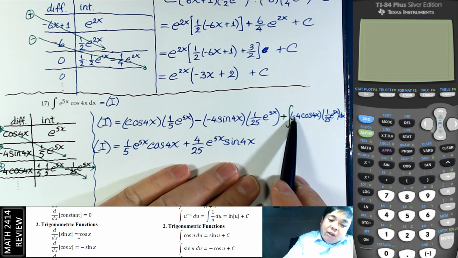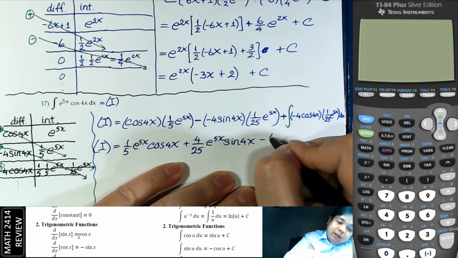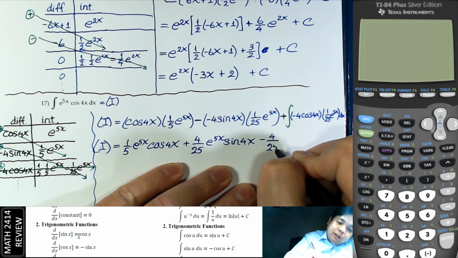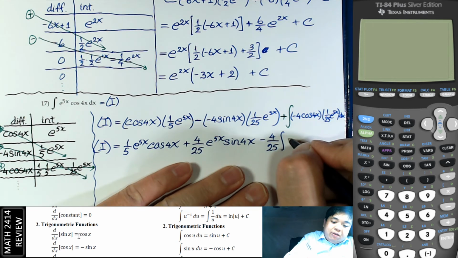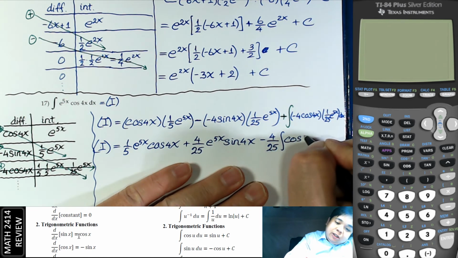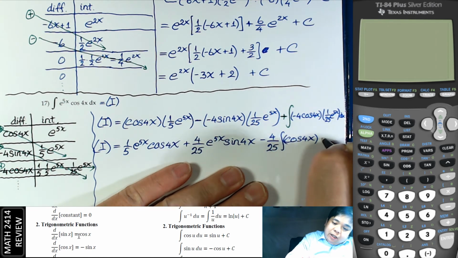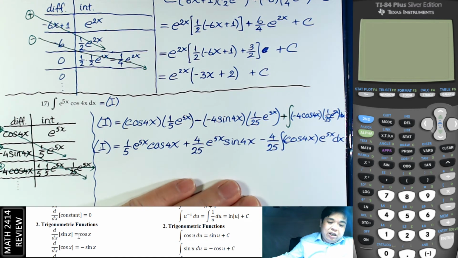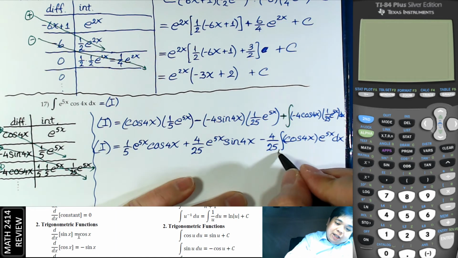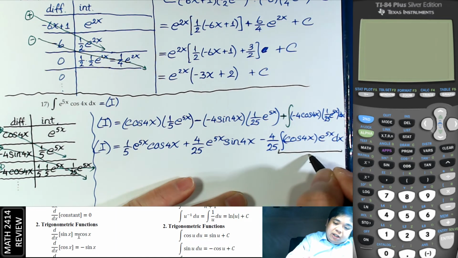I'll take out the negative 4 and 25. What's left is cosine of 4x and e to the 5x dx. Now what we see here is the exact integral as beginning.